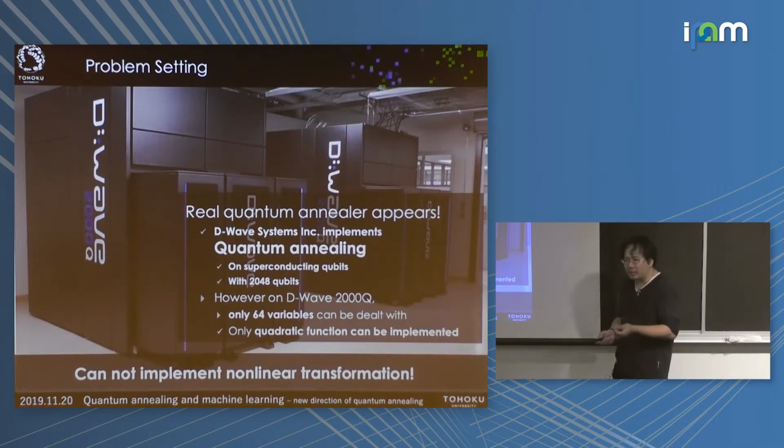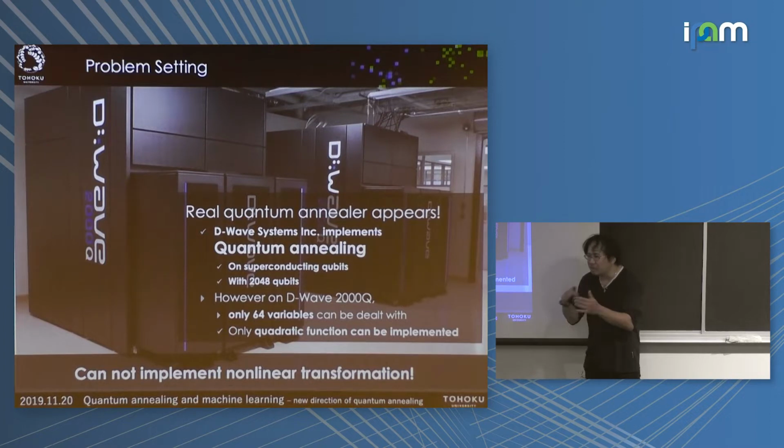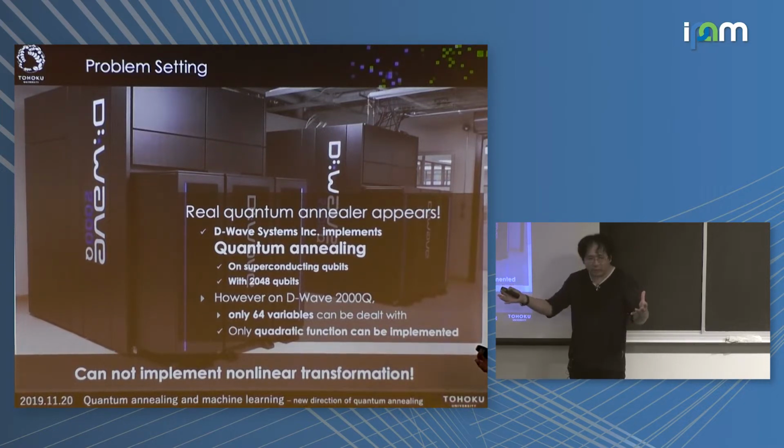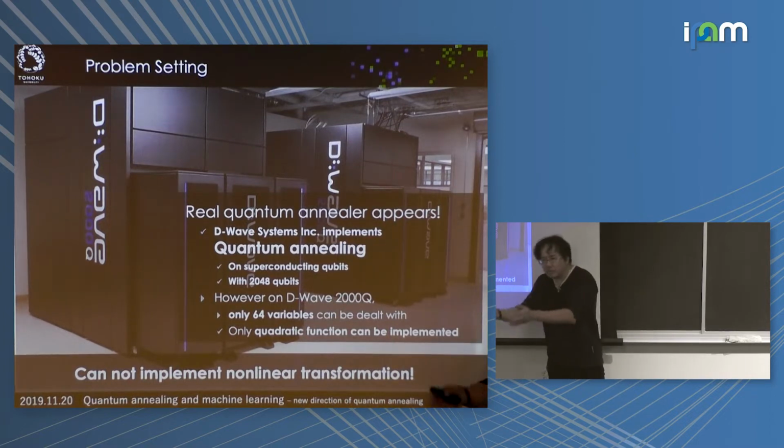We have to write down the cost function as a quadratic function, the Ising spin glass Hamiltonian, and there is some restriction of the connectivity between the qubits or circuits. The interaction is restricted to a sparse graph, in particular what we call the chimera graph. Therefore, if we have some cost function, we have to embed the original problem into the sparse chimera graph.